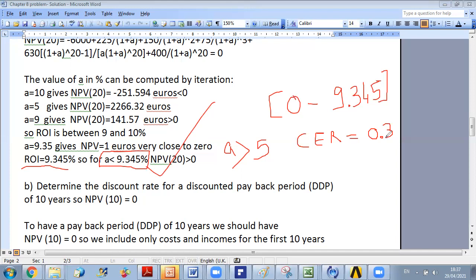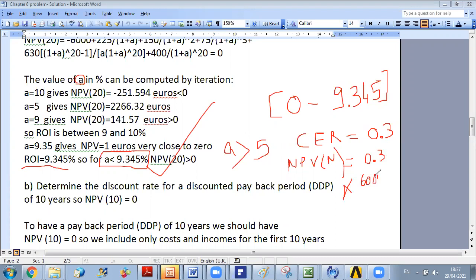Very good. So you said, instead of calculating the value of A that will give you NPV equal to 0, then to have a profitable project, you say that NPV at year N should be equal to 0.3 times the investment. And since the investment is 6,000 euros, I multiply by 6,000.